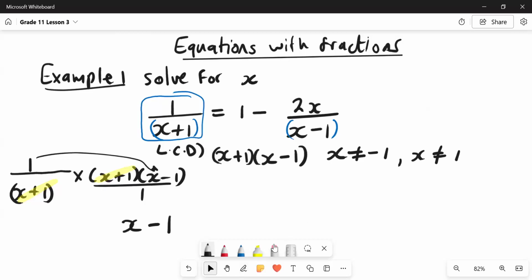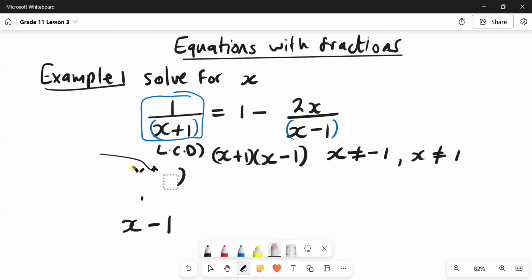And then we're done with that part. Let's move to the next part of the fraction, which is 1. So 1 times the LCD, you'll get the same thing, right? You'll end up having 1 times your x minus 1 and your x plus 1.